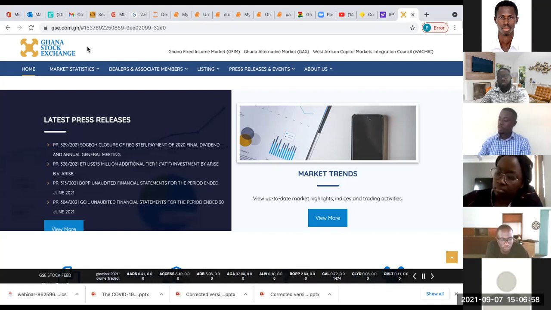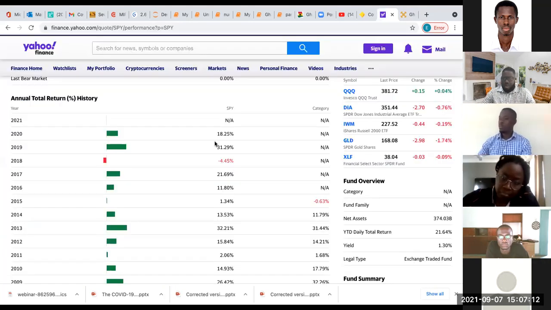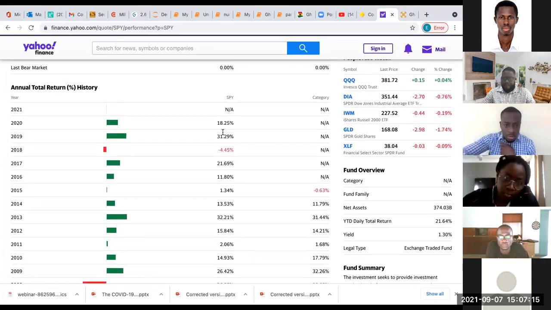When you buy the market, you can go to bed. Some of the stocks will perform well, but some will perform poorly. But at the end of the day, if you had bought the S&P 500, what was the return? 18.25. Does it make sense? Yes, sir. So the key reasons: operational cost, transaction fees, and selection of bad stocks.